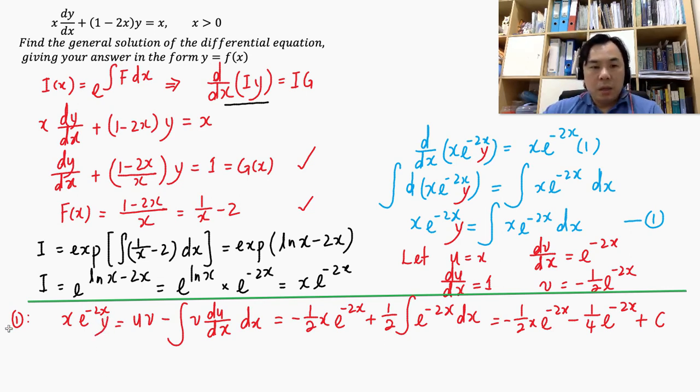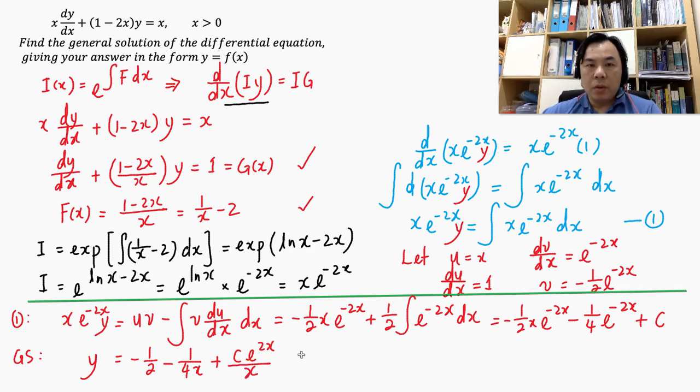Okay. Now, finally, if you want to write the explicit function for y, which is the general solution, we can divide the left hand side and right hand side by x exponential negative 2x. Therefore, I will have negative half for my first one, and then my second one will be 1 over 4x, and then finally I will have my c e to the 2x over x there.